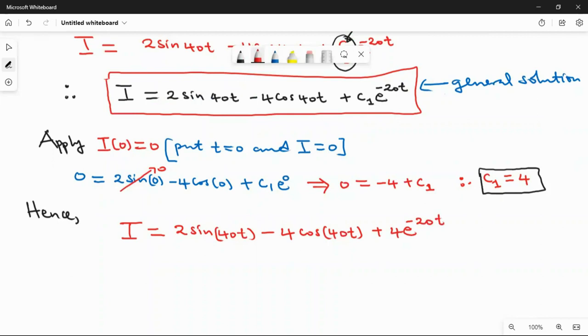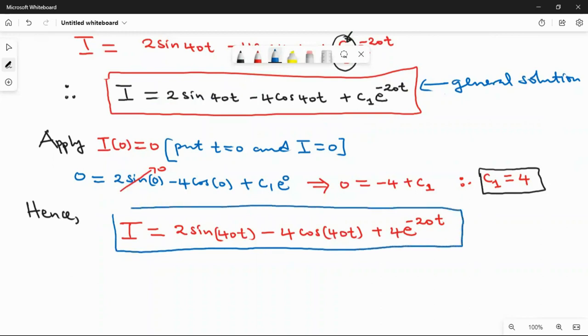What we have found here is the particular solution. It is the current as a function of time. So this one here is the particular solution. It gives us the current in the circuit at any time t.